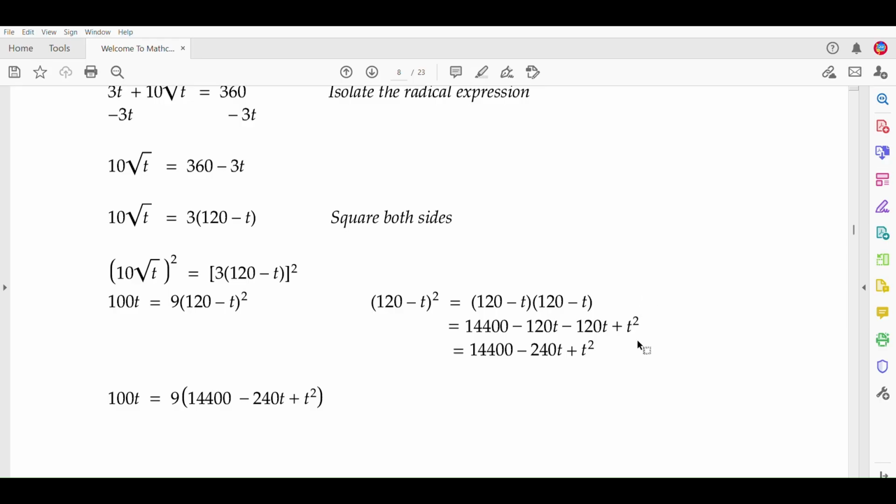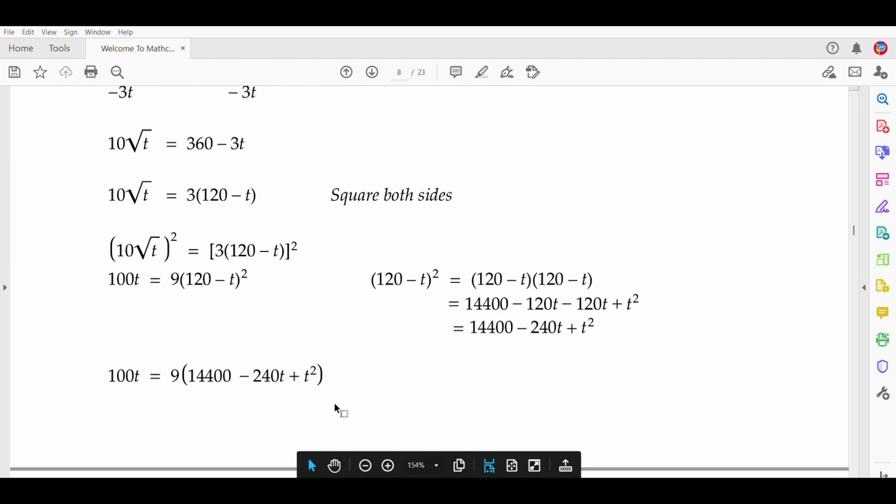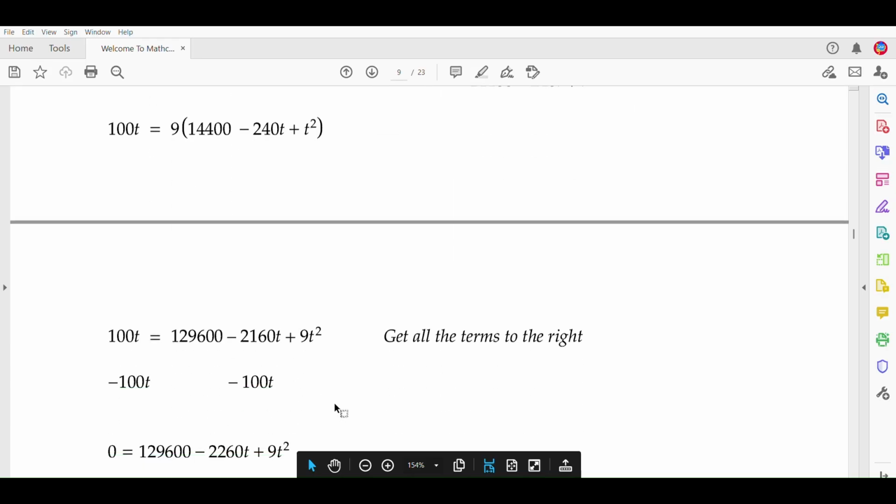Combine these quantities and bring them over. So you have 100t equals 9 times this quantity: 14,400 minus 240t plus t squared. All right, distribute the 9.